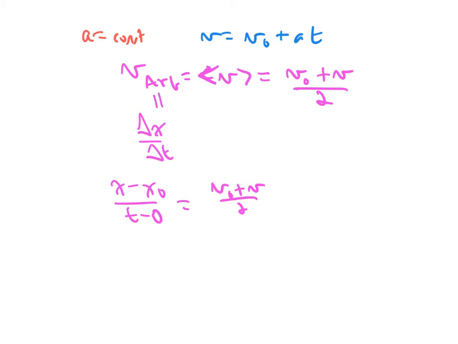And that's useful. Then we bring a t over, and we get that x minus x0 is v0 plus v over 2 times t, which I want to remind you is just saying it's v average times t, which we sort of knew from this equation.